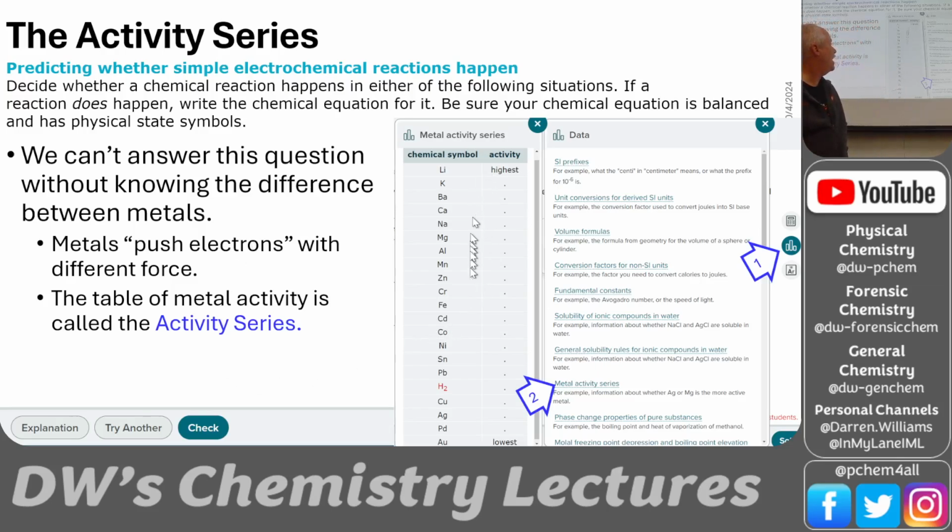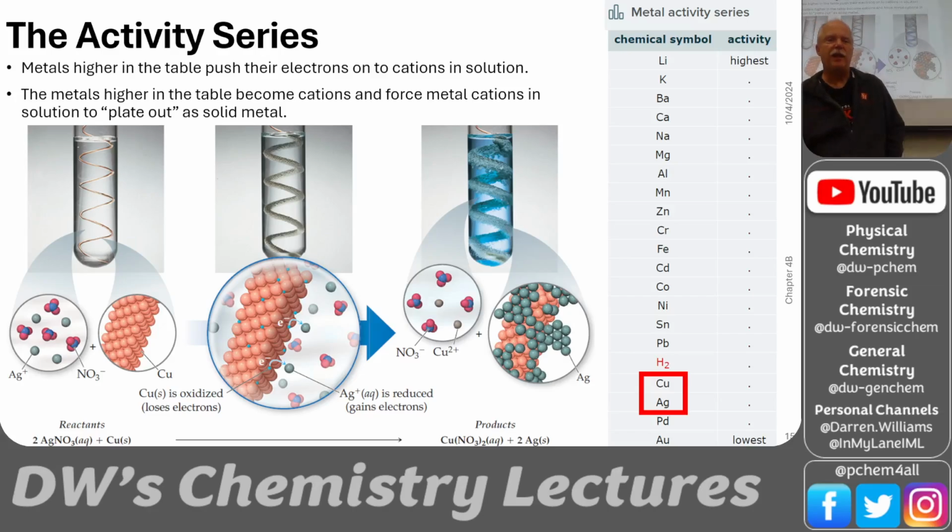So these are how active the metals are in terms of donating electrons and wanting to be in solution. The more active an element, the more it wants to be a cation in solution. It's related to how hard they push electrons.